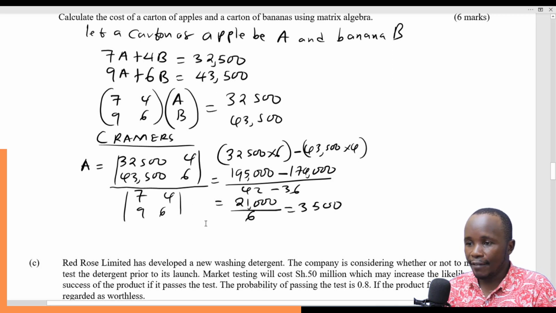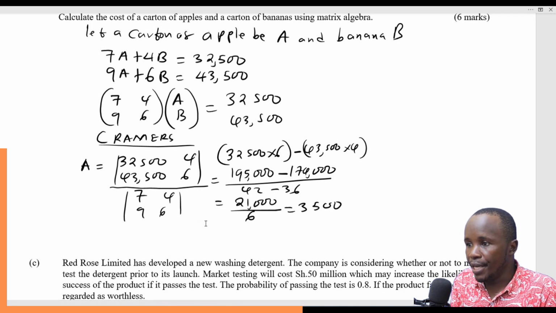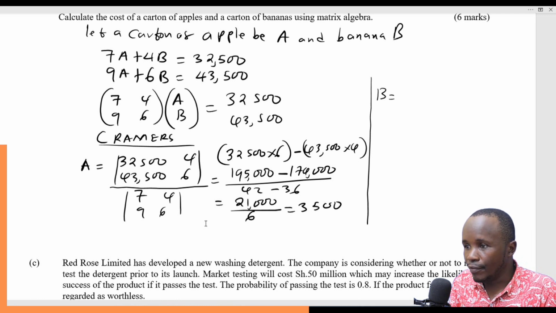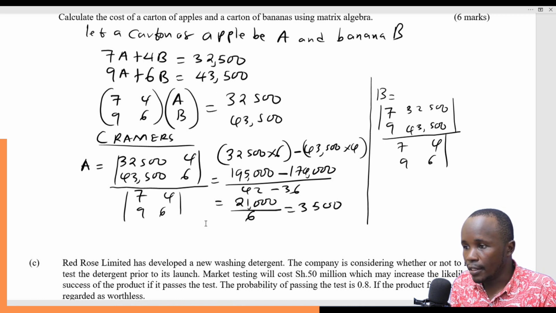We move on and find B. I will apply the same concept. For you to find B, I'm going to replace the second column now. I'm going to have 7, 9, then 32,500, 43,500, determinant, divided by 7, 4, 9, 6, determinant.